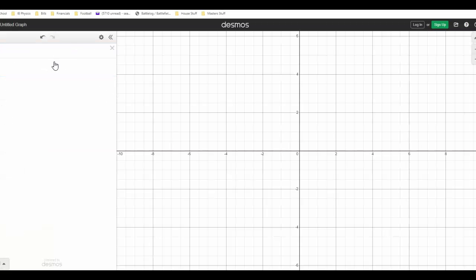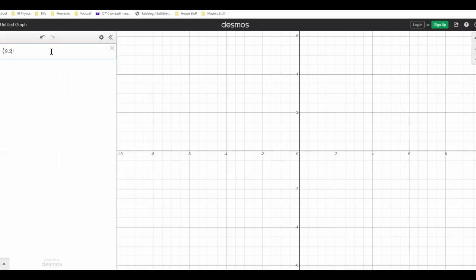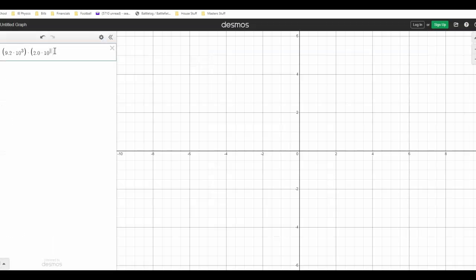Okay, so here's what it should look like. 9.2 times 10 to the power 3, parentheses times 2.0 times 10 to the power 1, parentheses. And you should get 184,000 if you type that in correctly.